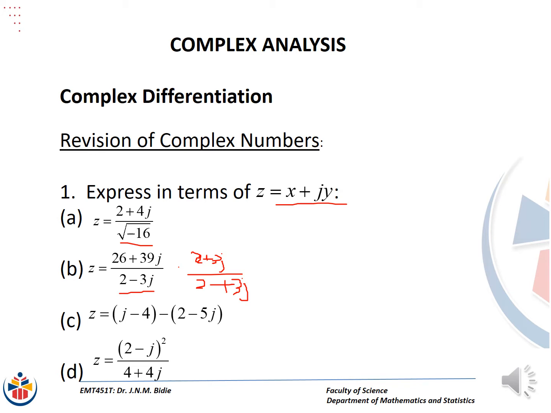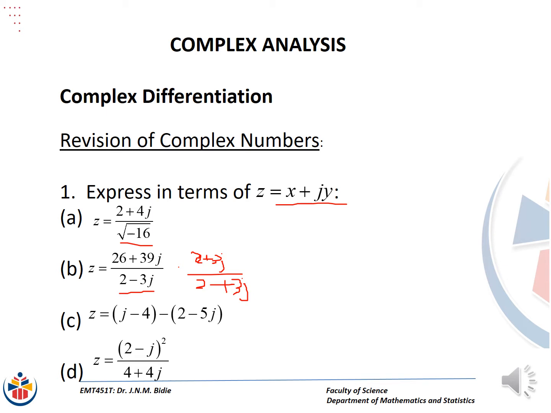And then D, you could start out by removing the bracket in the numerator, 2 minus j all squared. That gives us 4 minus 4j plus 1.